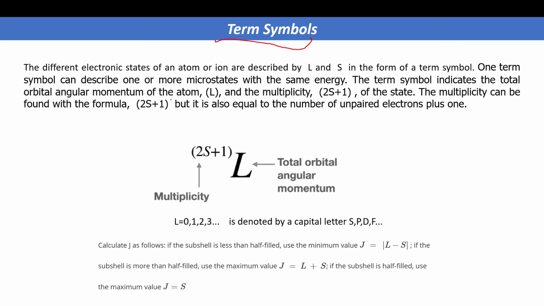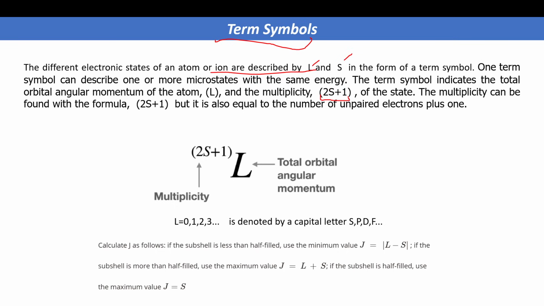The different electronic states of an atom or an ion are described by L or S in the form of a term symbol. One term symbol can describe one or more microstates with the same energy. So what does a term symbol describe? It tells about microstates with the same energy, and a term symbol indicates the total orbital angular momentum. So what is your L? L is your total orbital angular momentum.